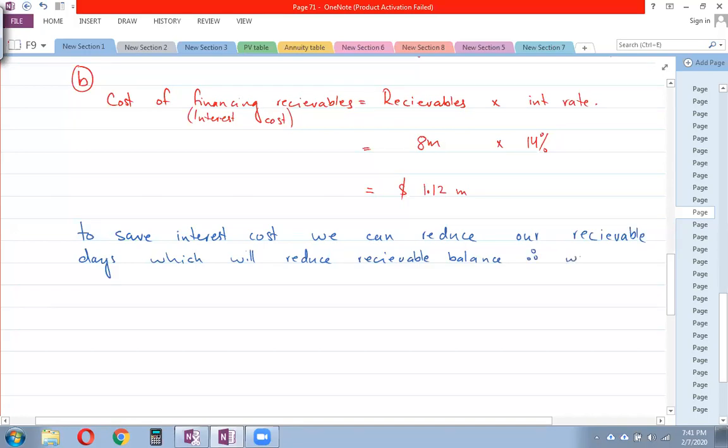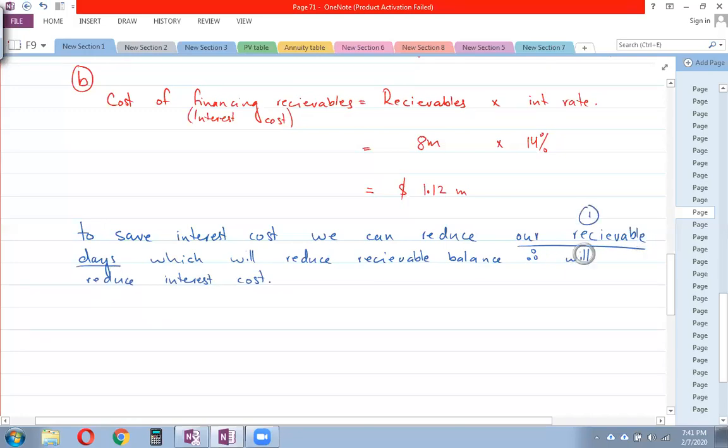Therefore, it will reduce interest cost, right? So to save interest costs, we can reduce our receivable days.